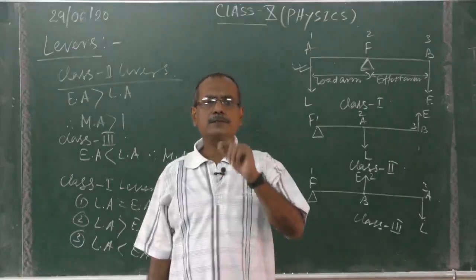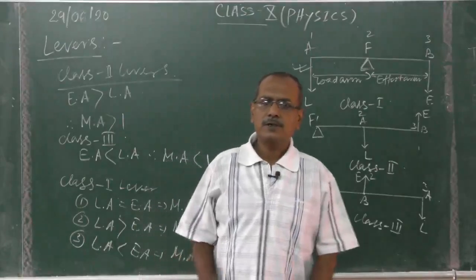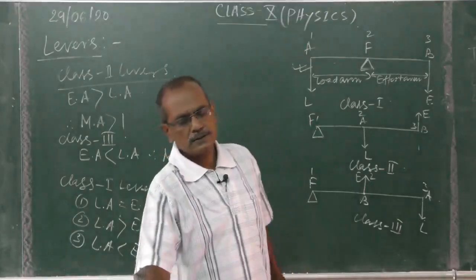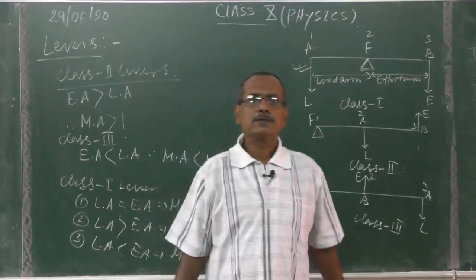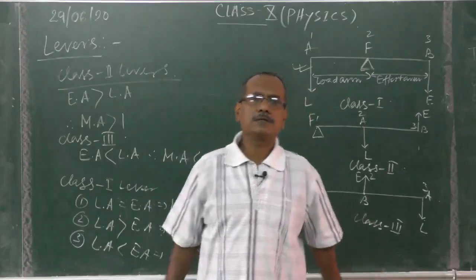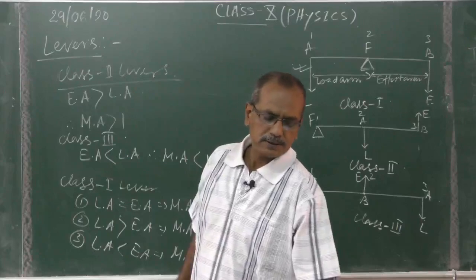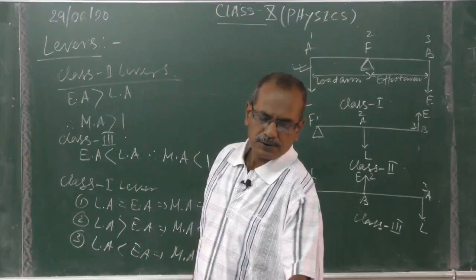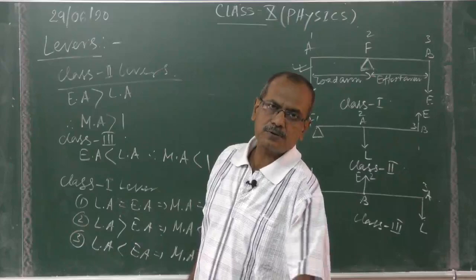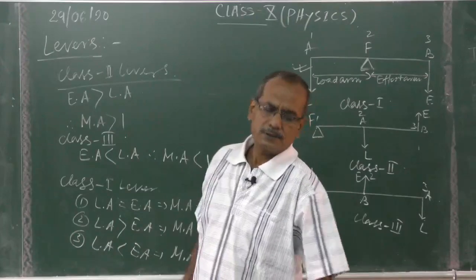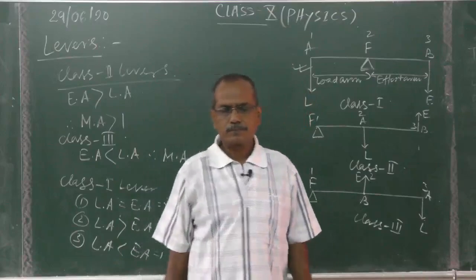This is a class 2 lever. And lifting anything by the elbow, this is a class 3 lever. So different types of lever examples are given in your book. You go through it. And numericals, questions from your book, back questions you have to try to solve.